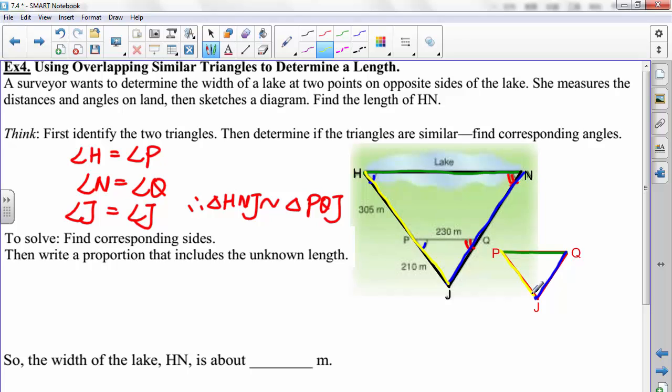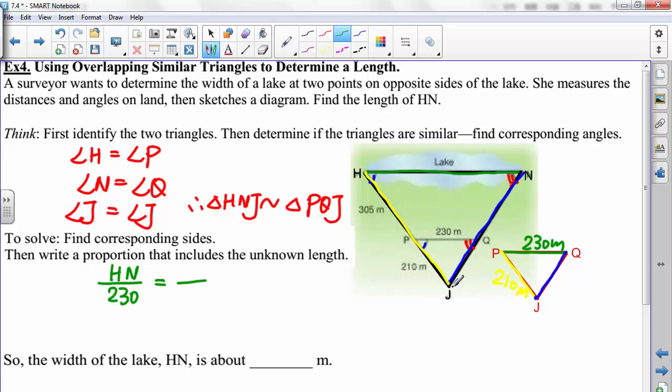But among those 3 pairs of corresponding sides, you only know the side lengths for the yellow pair. So this yellow side is 210 meters, and this PQ is 230 meters. You can find the dimensions in this big diagram. So the proportion I can write down is HN, which corresponds to PQ, over 230 meters equals HJ.